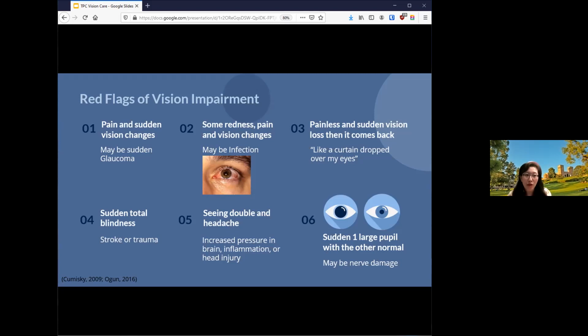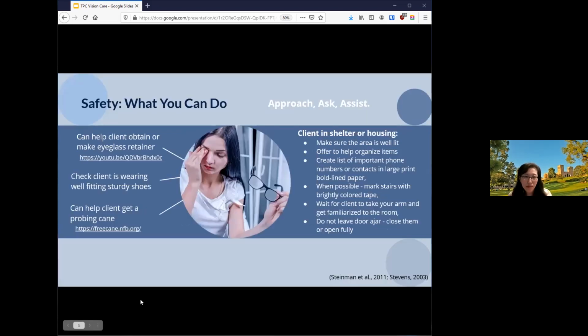When your client suddenly shows up with a much larger pupil size in one eye, while the other eye is normal, this may be due to nerve damage to that eye, and seeking urgent care can help treat that. There are a lot of causes for larger pupils, but if it only happens in one eye, this is a cause for concern.